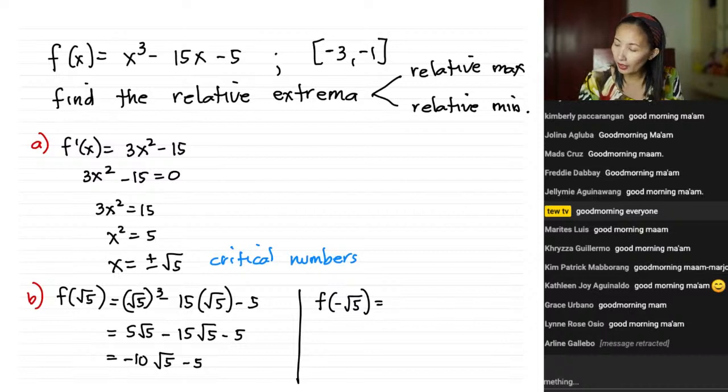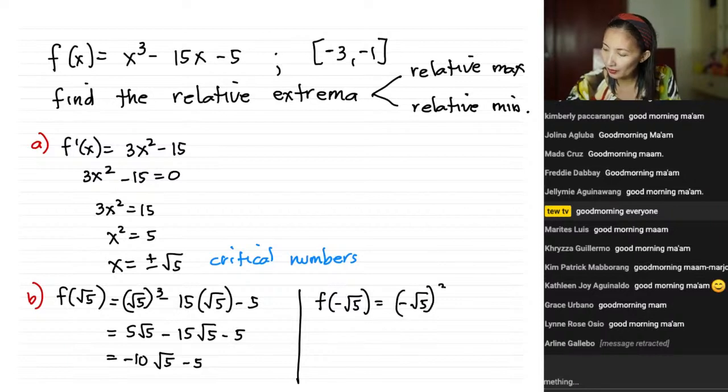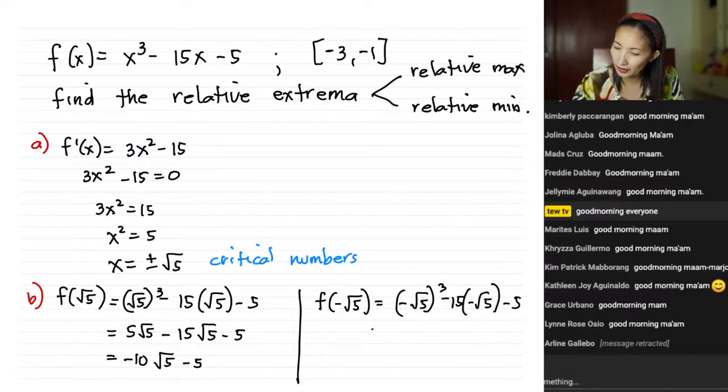Okay, how about f of negative square root of 5? Okay, negative square root of 5 to the third power minus 15 times negative square root of 5 minus 5. So let's simplify further.